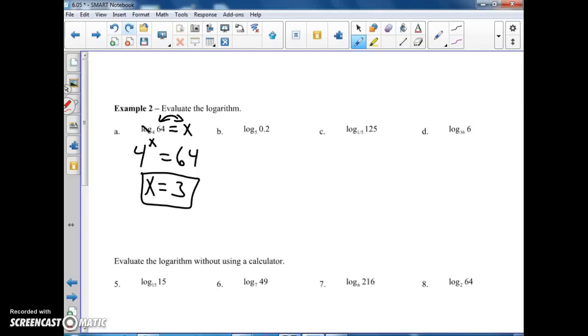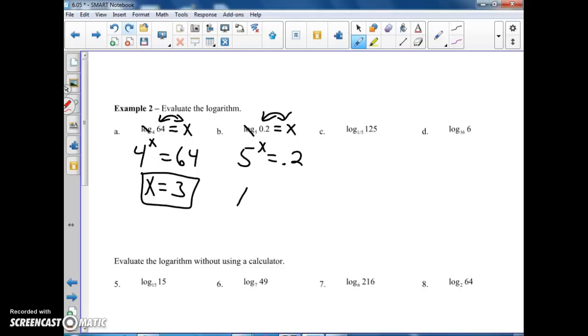Let's go to B. Log base 5 of 0.2 equals x. Drop the log, make the switch. You're going to say what? 5 to the x equals 0.2. Now 0.2 is a fraction. 0.2 is what? 1/5, 1 over 5. So what would x have to be?